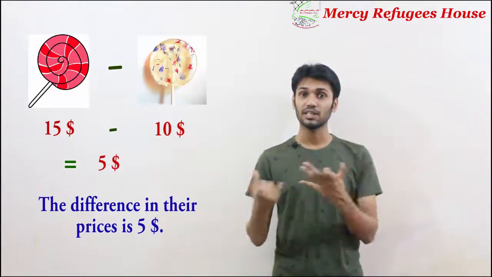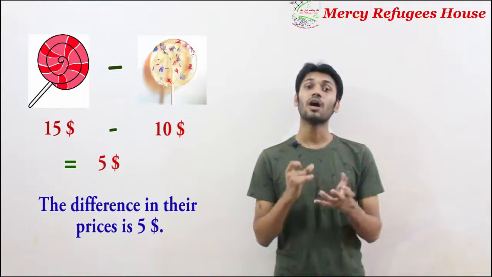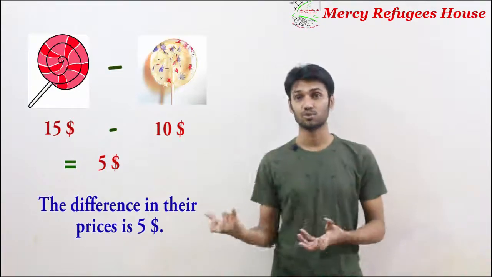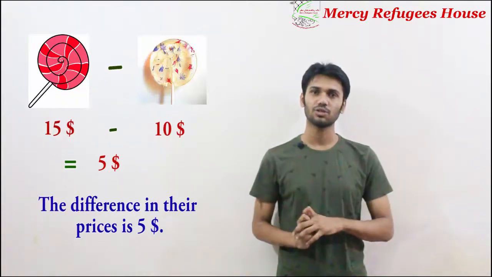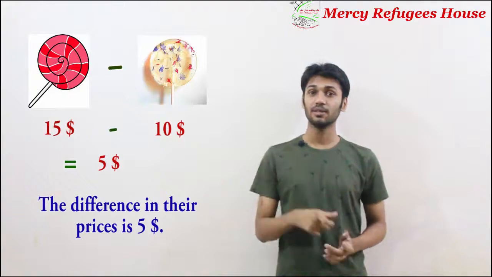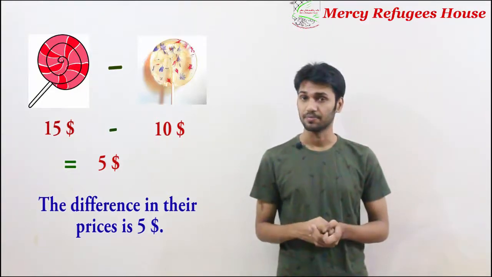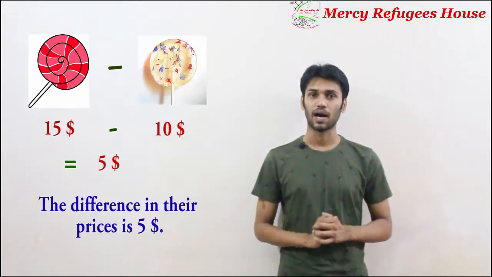Or how much more money is required to buy these sweets? Again, it is pointing towards subtraction or minus. So that means you could say 15 minus 10 should be the answer. Now 15 minus 10 equals 5.